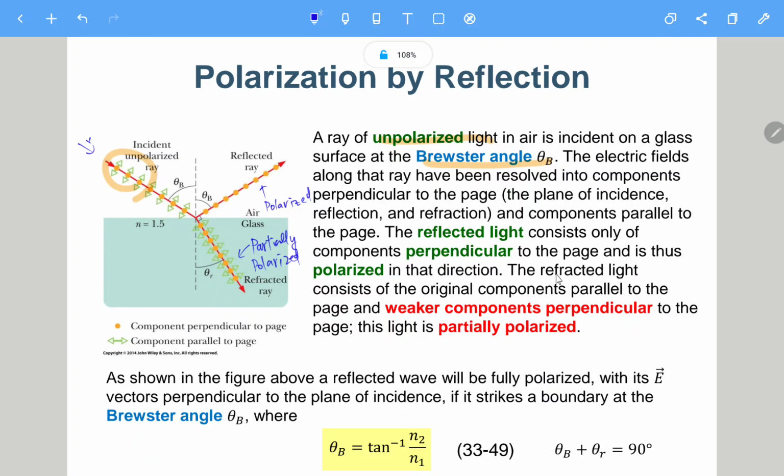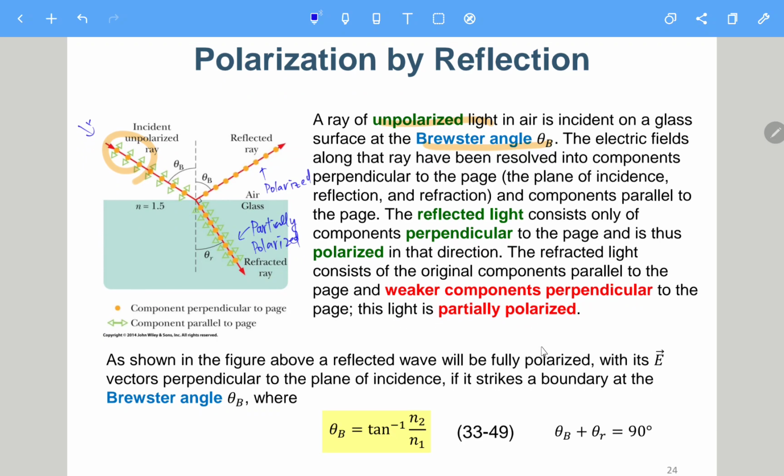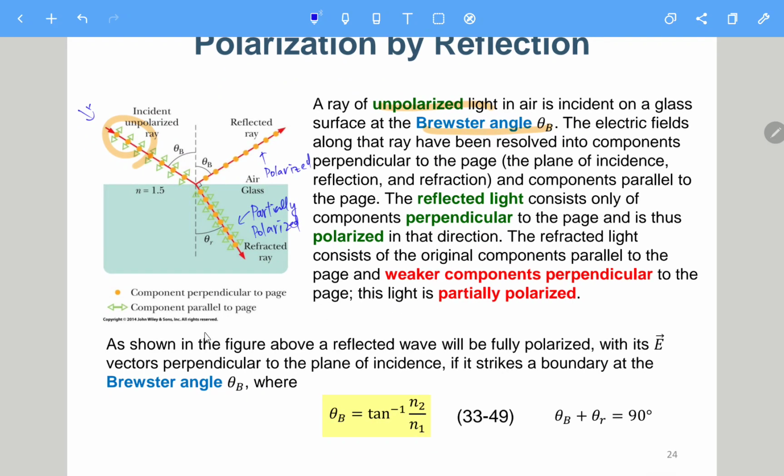Okay, so the reflected light consists of an original component parallel to the page and a weaker component perpendicular to the page. This light is partially polarized. Okay, so here tells you what the Brewster angle is and how to calculate it. The Brewster angle, theta b, is arctangent of n2 over n1. Here we know that n1 is air, with a smaller refraction index.